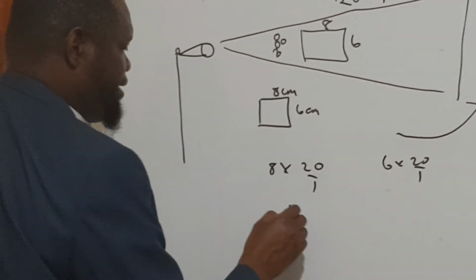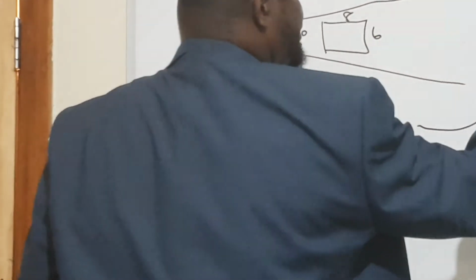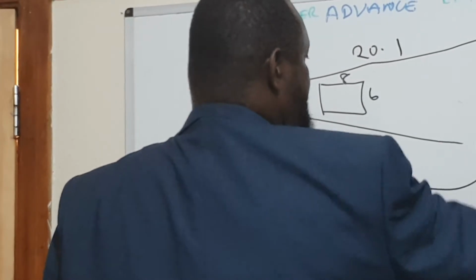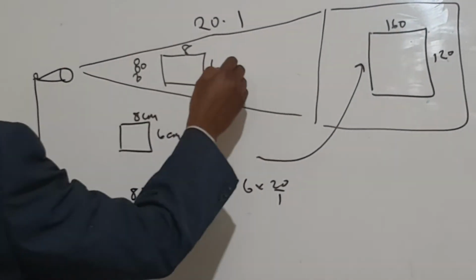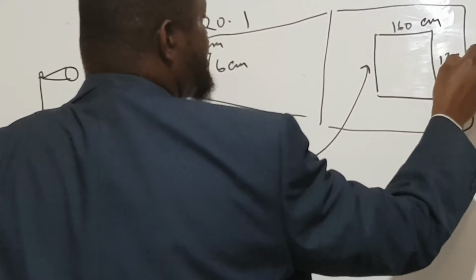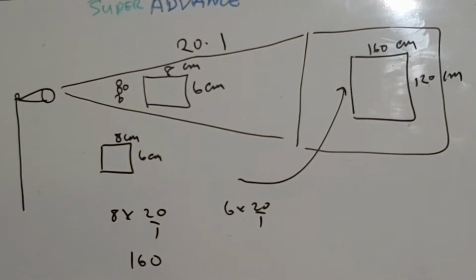That is 160 on this side and 120 on this side, in centimeters. This is called super ratio.